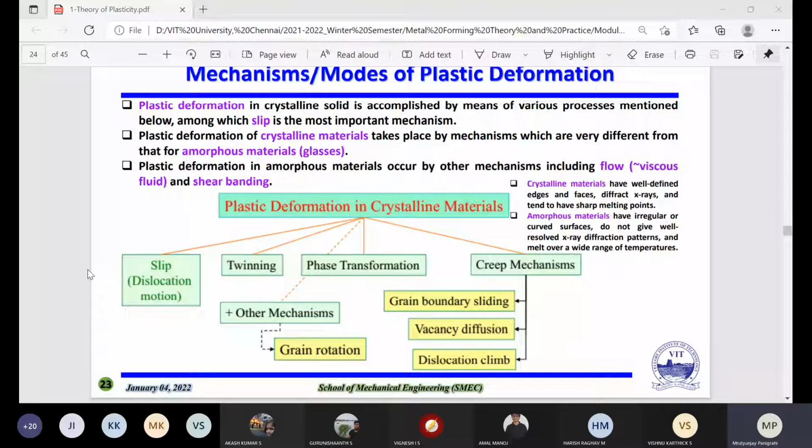When you remove some load, the elastic part is removed, and the other part will be permanent or plastic deformation, right? And then some properties like yield strength, tensile strength, toughness, ductility, resilience, and hardness. These we have also covered.